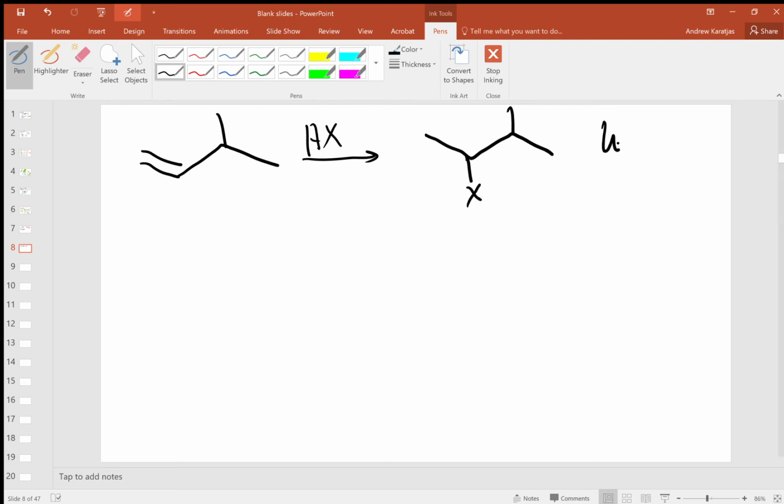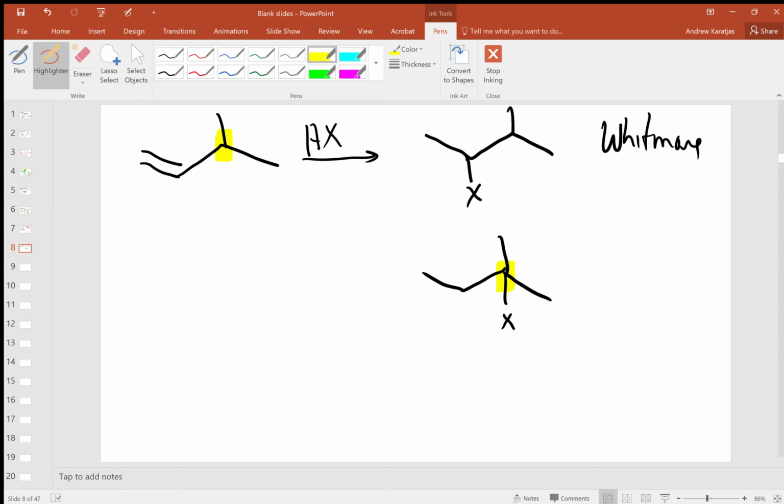But what Whitmore found is that, surprisingly, the halogen actually ended up on this carbon, which is surprising because that carbon is not part of the original alkene.